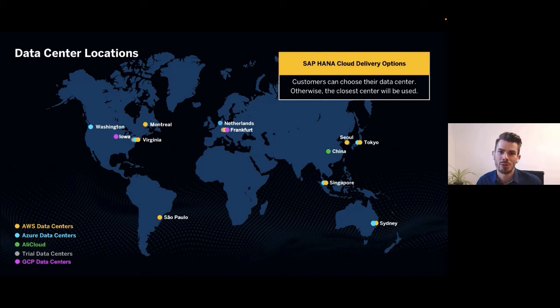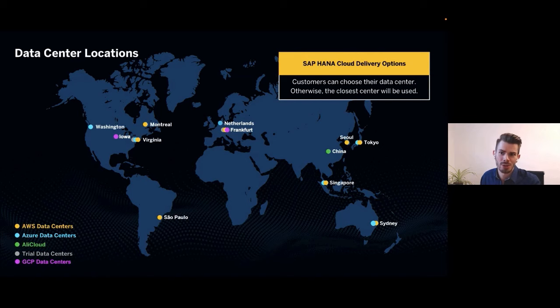And as of January 2022, we will then also have HANA Cloud available on the Google Cloud Platform in Europe. So this is one of the additions that we will see becoming available for HANA Cloud on GCP. And next year, we will also provide the support for HANA Cloud on the Google Cloud Platform in APJ data centers as well. So also in Asia, we will then have an offering on Google Cloud Platform.